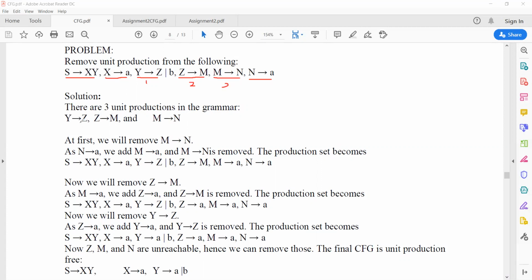You collect these three unit production rules and try to eliminate them one by one, starting from the outer loop and gradually moving to the inner loop. It is always related like this: there is the inner circle, then the outer circle.